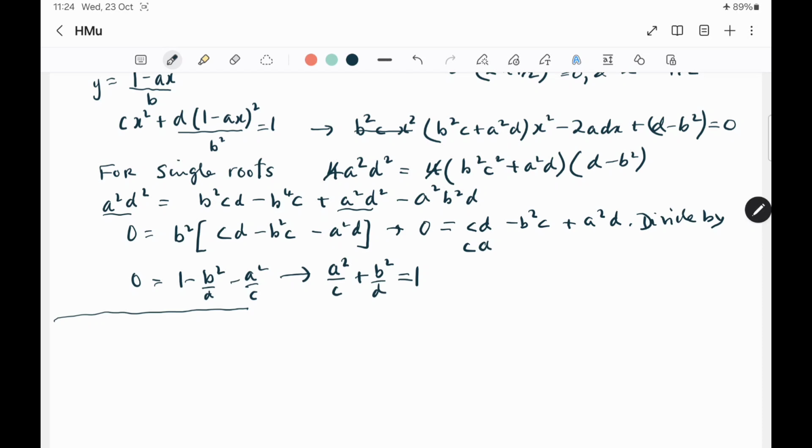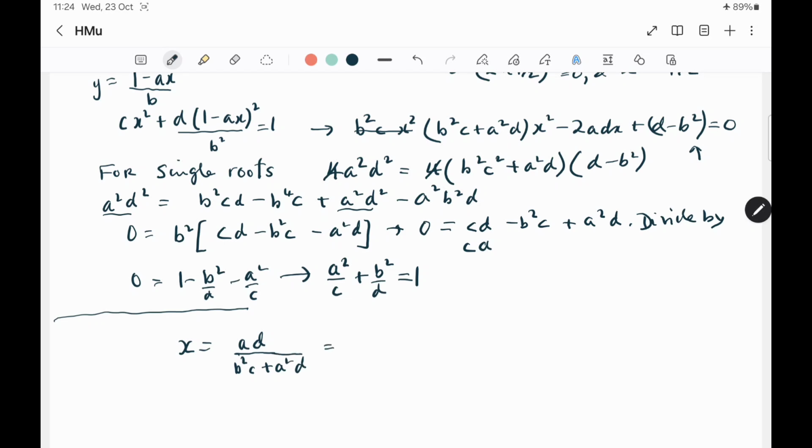We have an equation here in x, and that's over here. And by what we saw before, x would have to equal the negative half of negative 2ad, so that would be ad over b squared c plus a squared d.